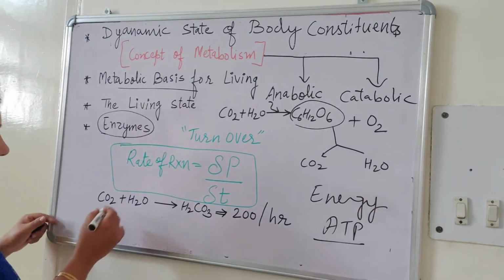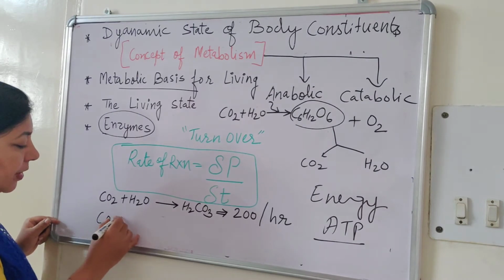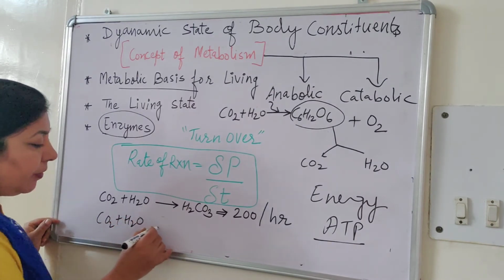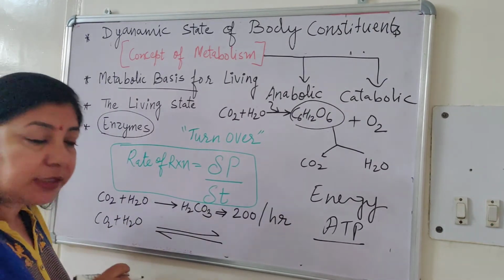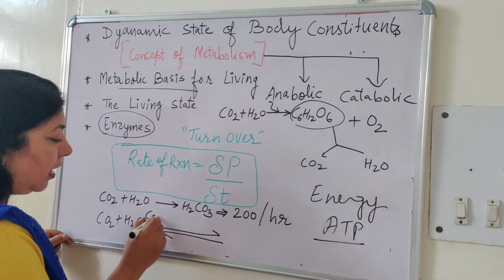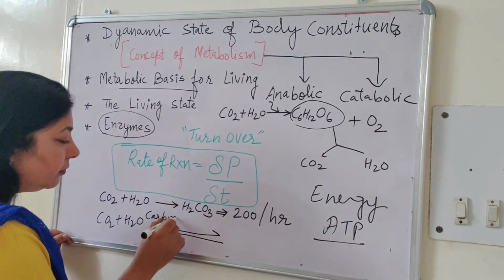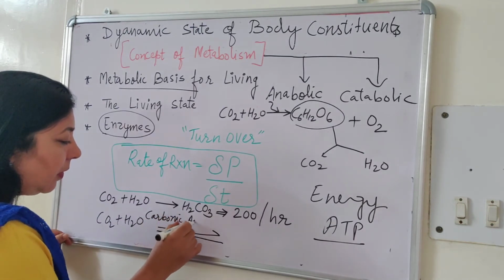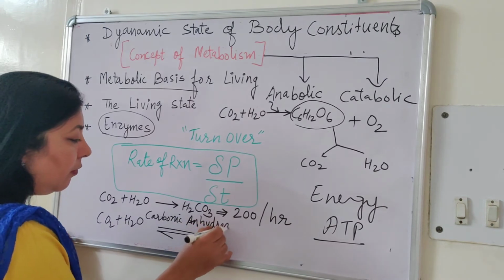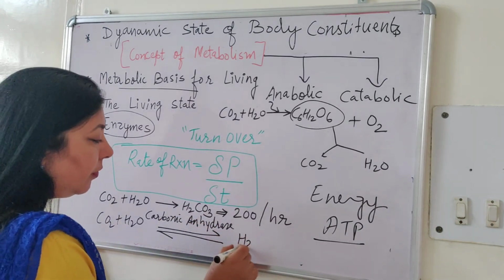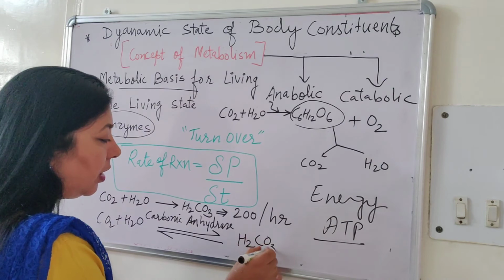So for example, when we say carbon dioxide plus water in a living cell, there is one specific enzyme, which is carbonic anhydrase. This carbonic anhydrase will also convert it into H2CO3.